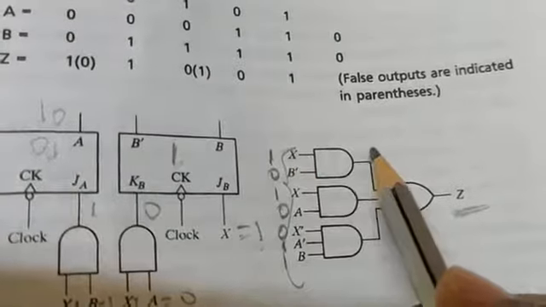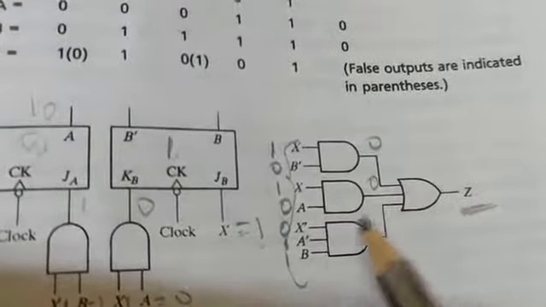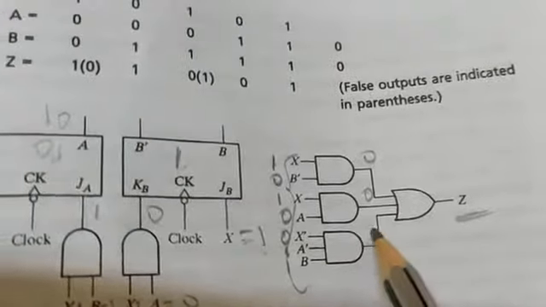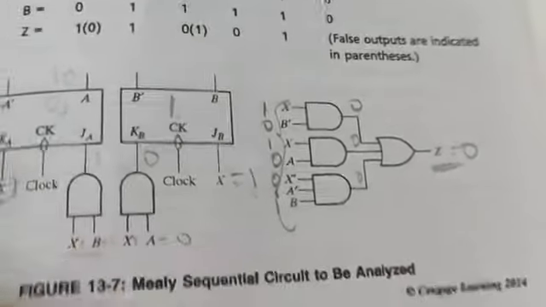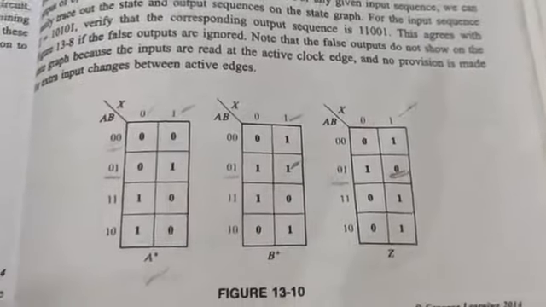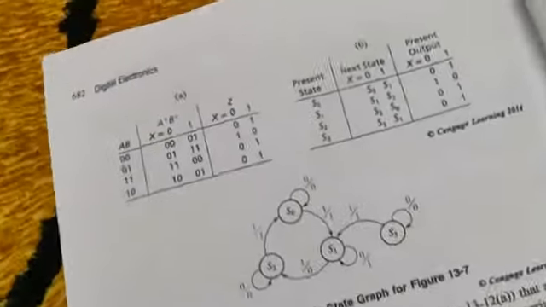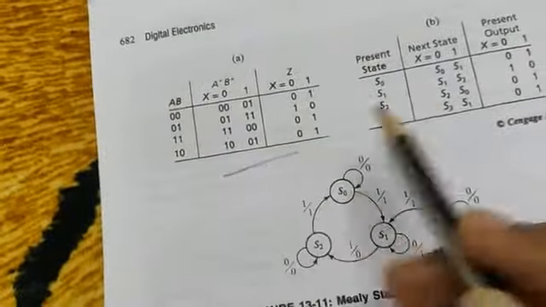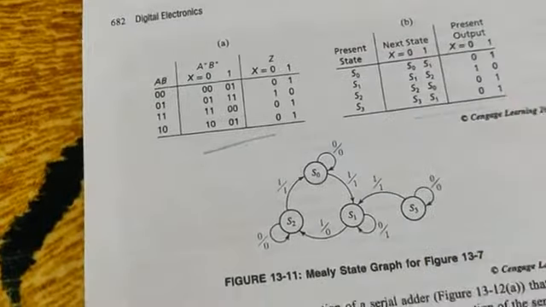So 0 and 1 0, 0 and 1 0, so 0 1 1 0, all the inputs are 0, z is equal to 0. See, 0 1 0 0. So like this you need to fill the things. So based on this K-map, you need to fill the transition table. With respect to the transition table, you need to fill the state tables.